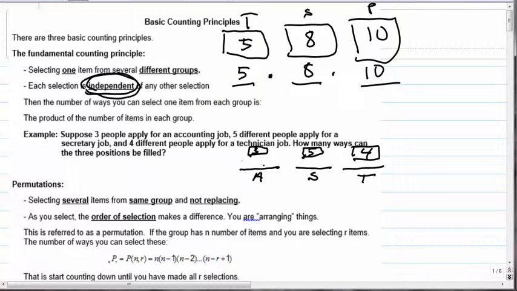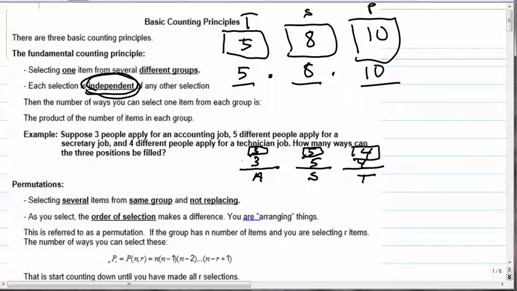Anyway, if we go to pick the accounting, there's 3 ways to do it. Secretary, 5 ways. Technician, 4 ways. Again, on the assumption that picking one from any particular group has nothing to do with the other group. For example, suppose Alice is going for the accounting position and Tom was applying for the technician position.